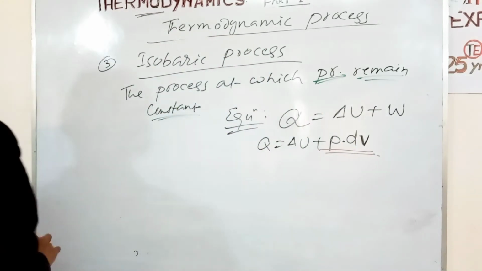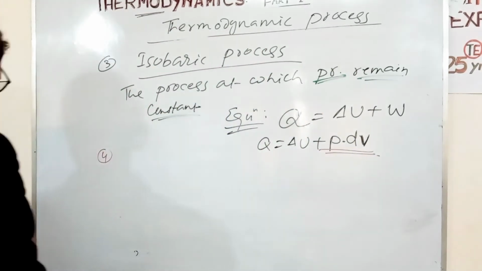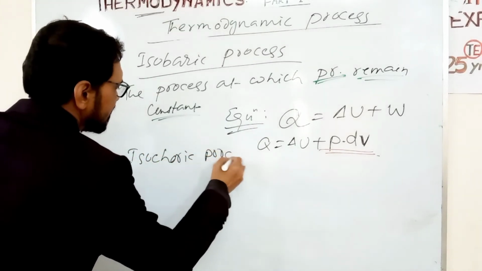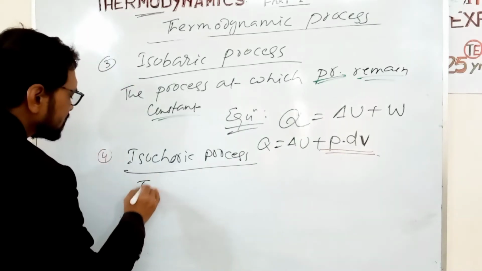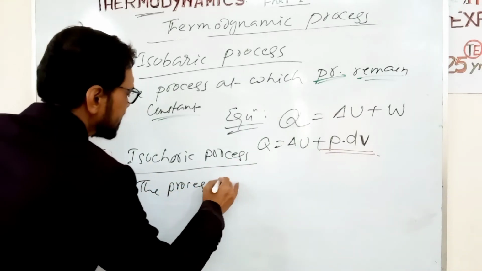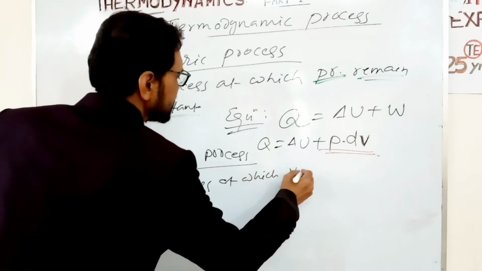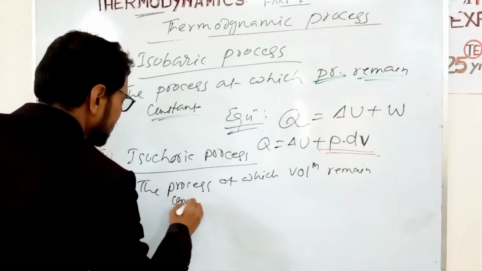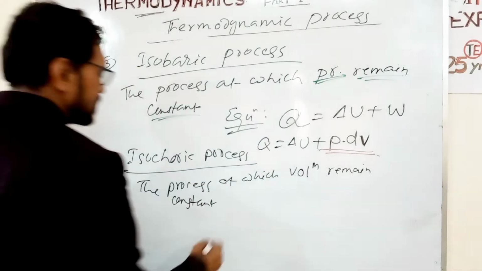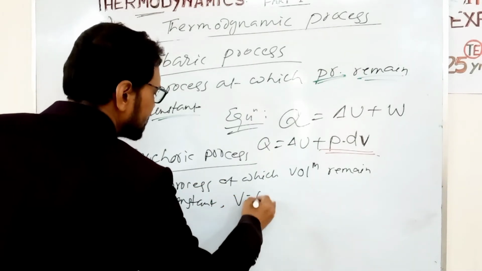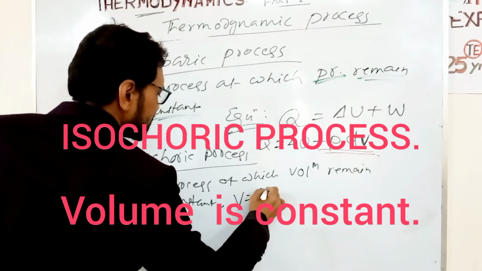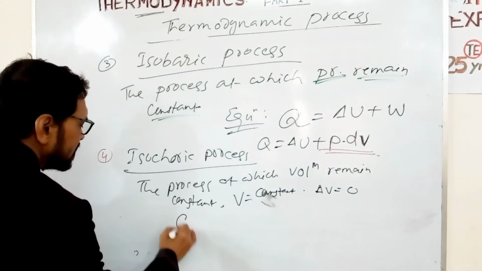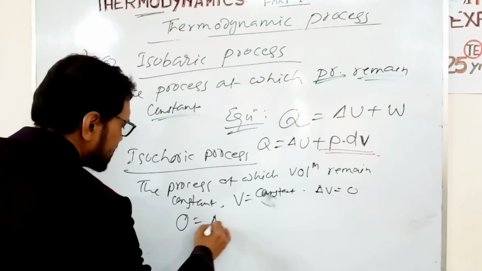That is the isobaric process. Now next, the isochoric process is the process in which volume remains constant. When V is constant, then del V equal to 0, so work done is 0.